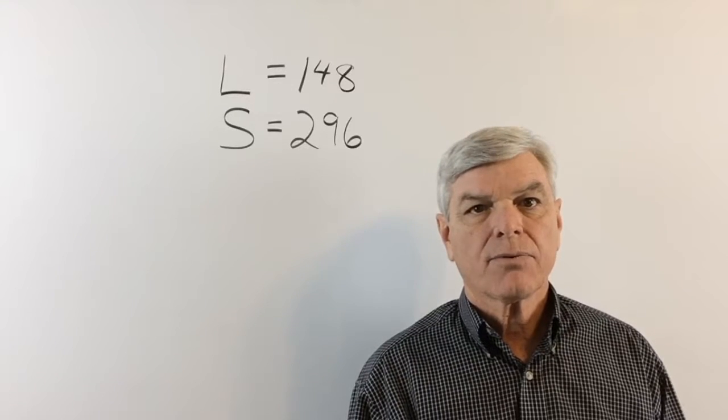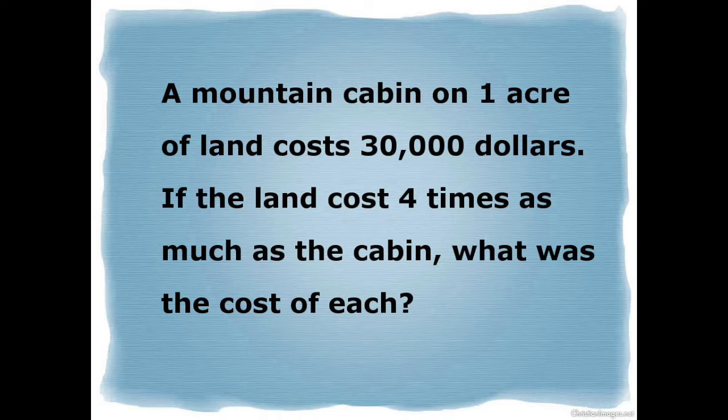Now let's do another problem. This is homework problem number 31. A mountain cabin on 1 acre of land costs $30,000. If the land costs 4 times as much as the cabin, what was the cost of each?